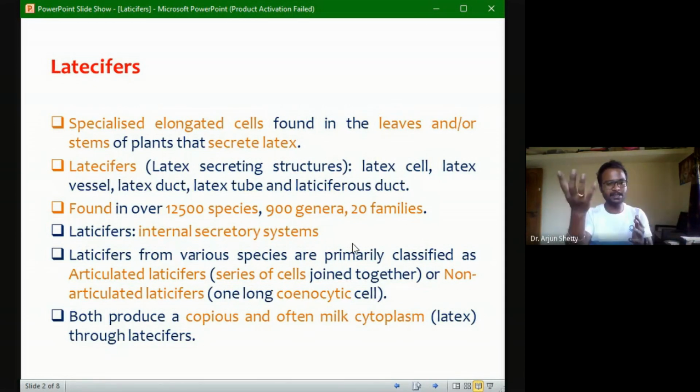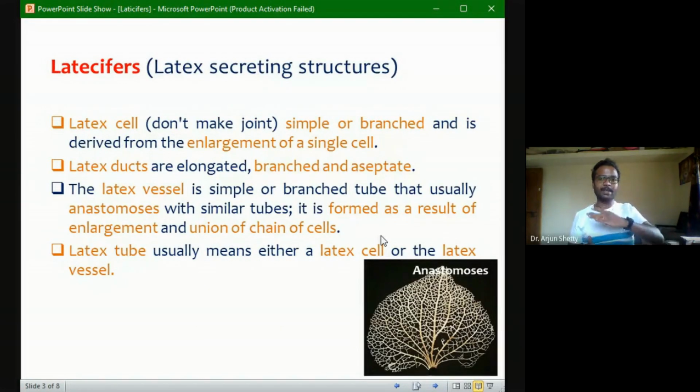Because of that, it becomes an elongated, big, enlarged cell comprising many nuclei. Nothing but a cell that failed to undergo cytokinesis. So non-articulated laticifer cells are coenocytic cells, or single cells containing many nuclei.